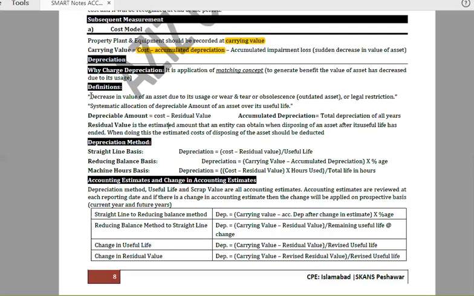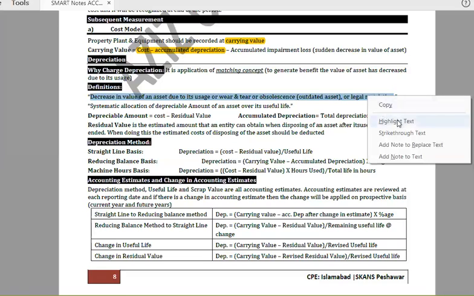So what is depreciation? Decrease in value of an asset due to its usage, or maybe wear and tear, or maybe obsolescence, maybe the technology used within the asset has outdated, or there are some legal restrictions.